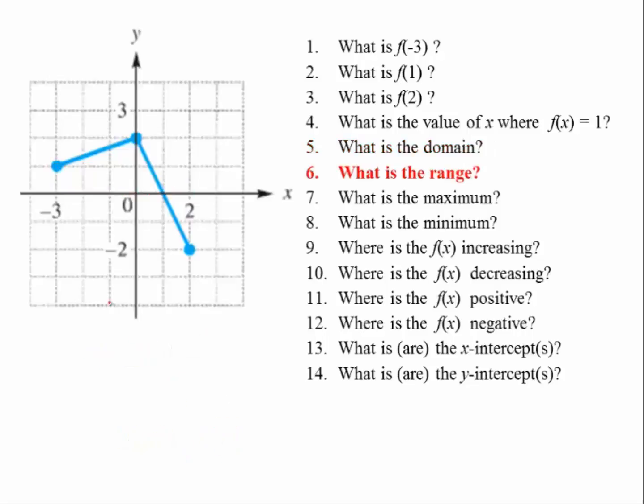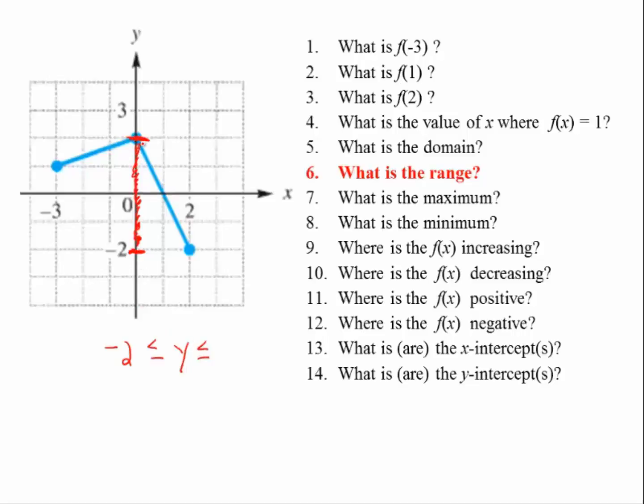What is the range? The range is the possible y values. This is the smallest y, and the largest y is here. All these y values have a spot on this graph. We start with the smallest, negative 2. It's a solid circle, so y can equal negative 2.